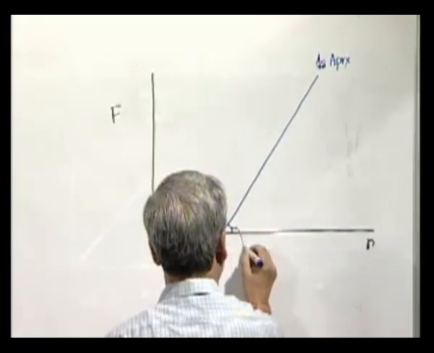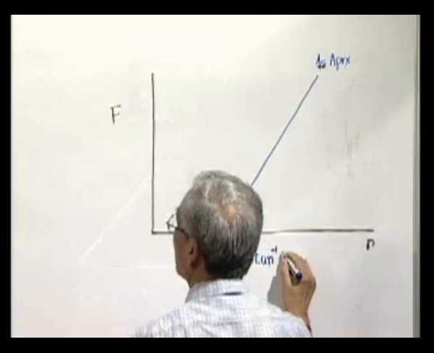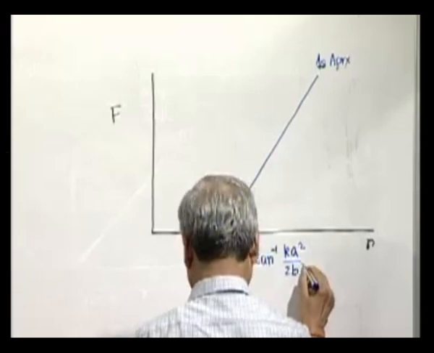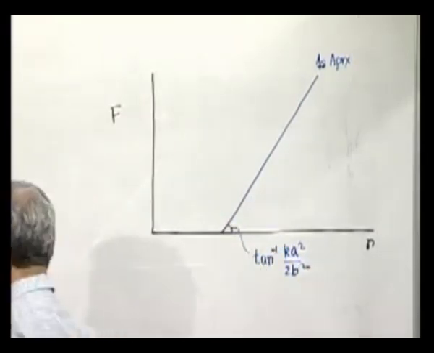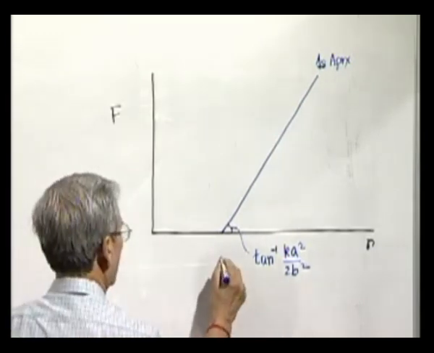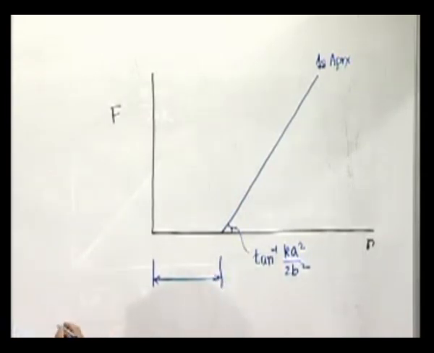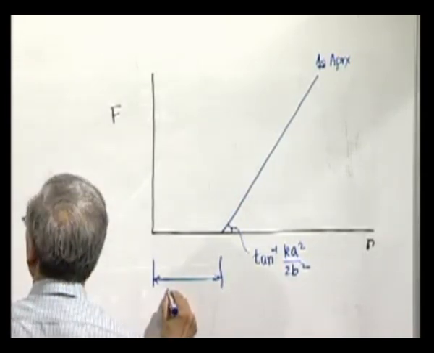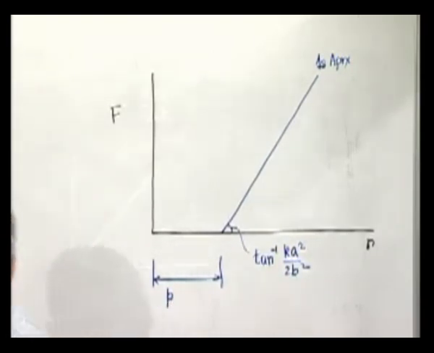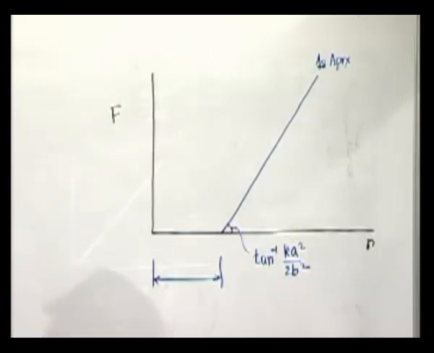And this slope is given by tan inverse k a square by 2 b square. And we can also find out this. When F is equal to 0, how much will be r?